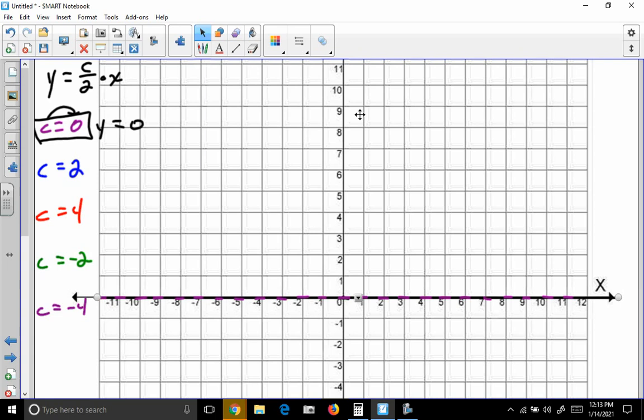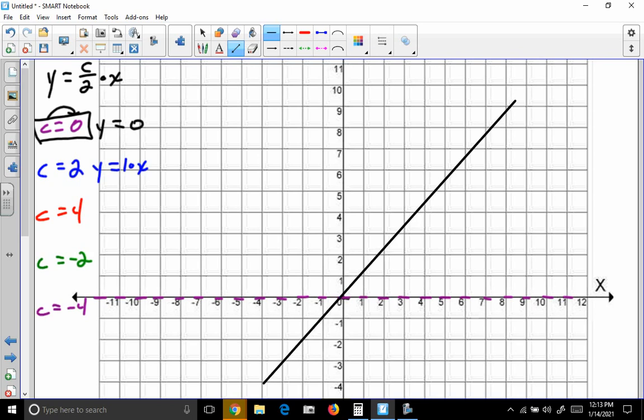All right, so I'm going to erase that isocline. Now let's go to 2. We have 2 over 2 times x. So the equation of the isocline is y equals x, which is just a straight line here.